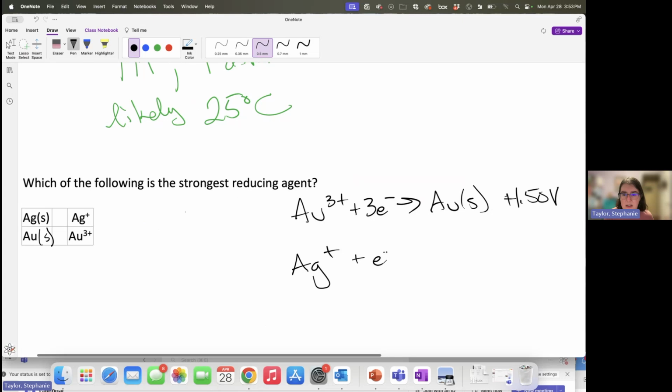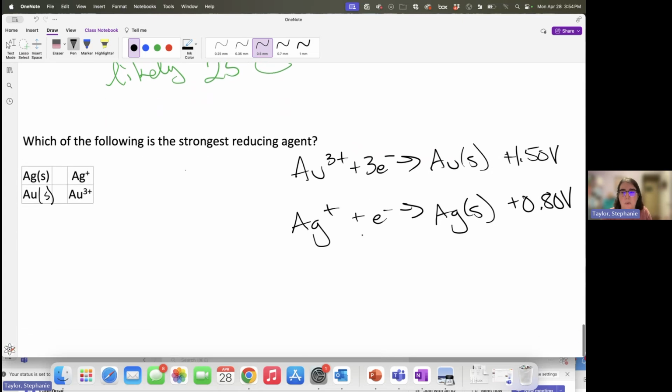Lower on the table, I can see a silver reaction. And my silver reaction has a voltage of 0.8 volts. So if I want to know what the strongest reducing agent is, I do want the thing that's more likely to be oxidized. I want the thing that is going to be able to provide electrons.